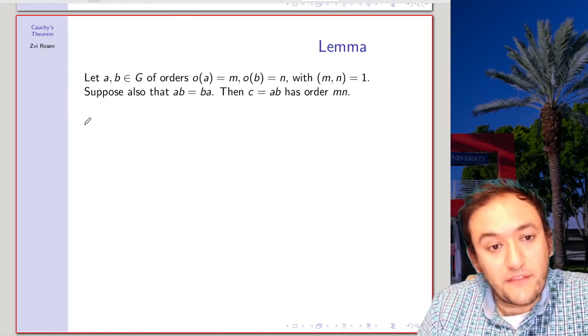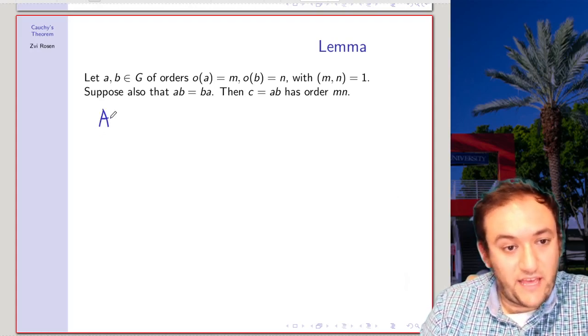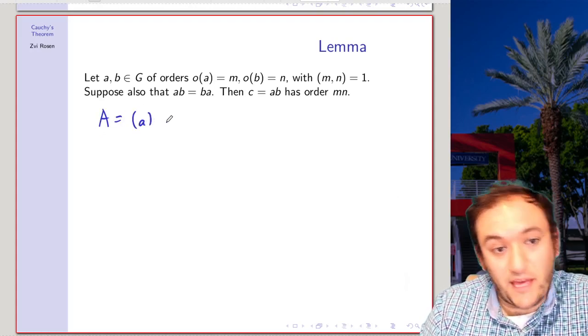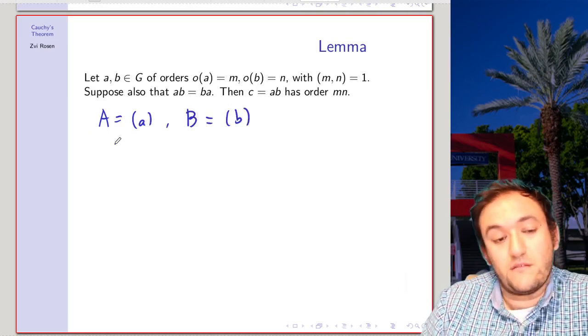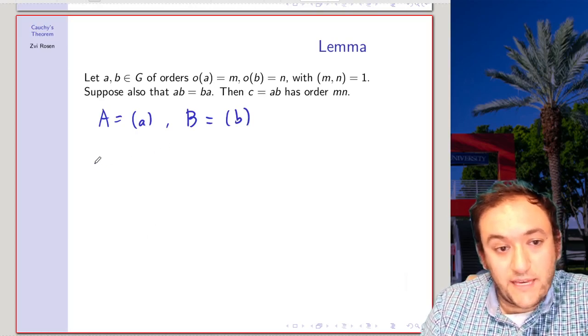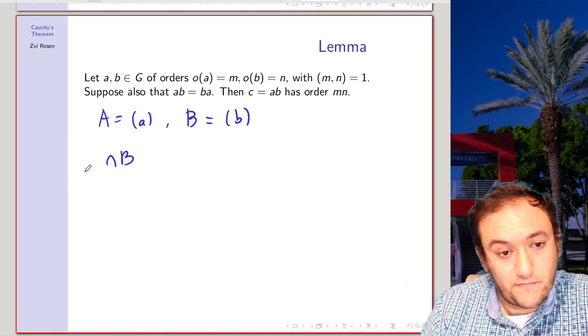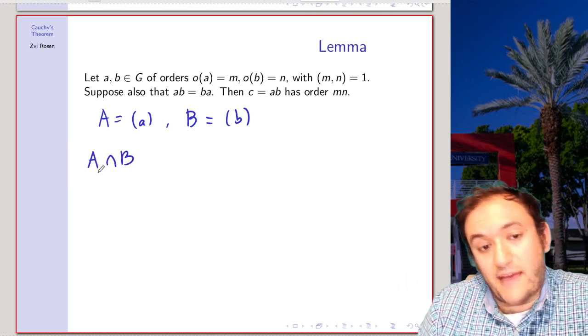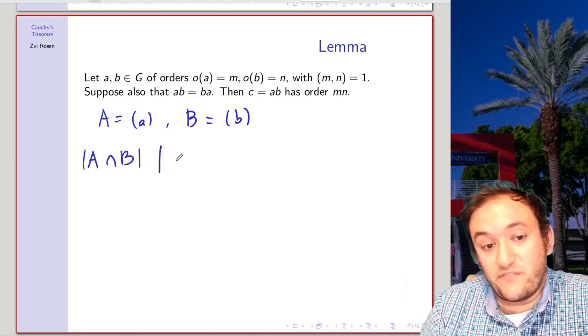So the first thing that we'll note is that if we let A be the subgroup generated by a and B be the subgroup generated by b, then A intersect B has to have order that divides both m and n.